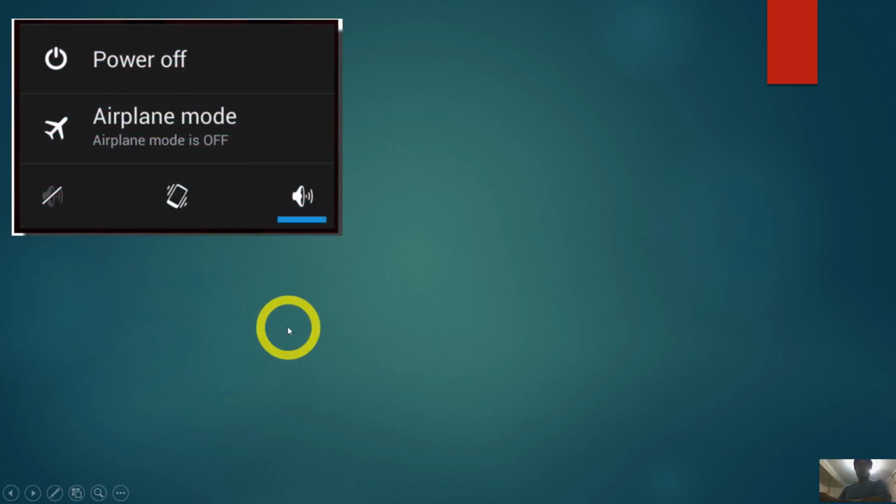Another thing we can do in order not to be hacked or have data erased: remember that you can use your airplane mode.